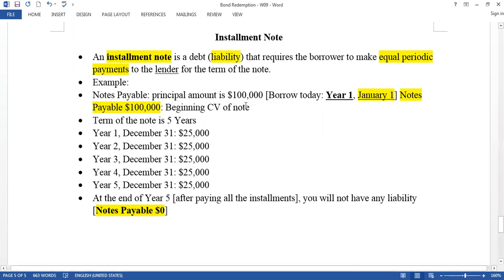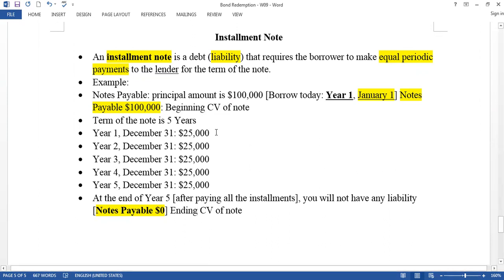Beginning carrying value of note is $100,000, and the ending carrying value of note at the end of year 5 is $0. So this is the story of an installment note, right?